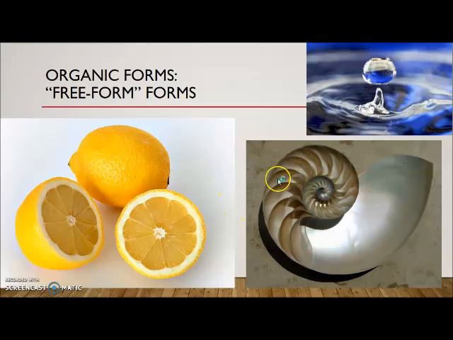Shells that you see on the seashore are examples of organic forms. Even a photographer that captures a drop of water in this image example is an example of an organic form. In that particular moment, we capture the water that is pretty much a droplet of water, and that forms an organic form.